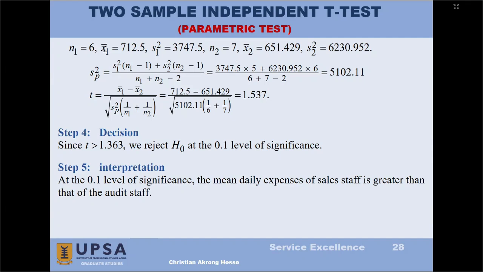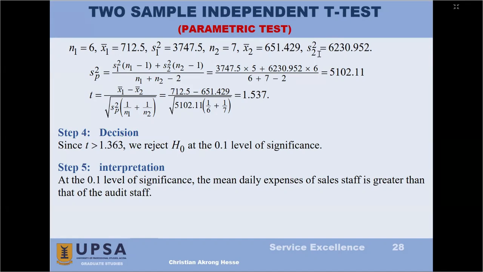The mean for group 1, that's the sales staff, their mean travel expenses per person is 712.5 Ghana cedis, with a variance of 3747.5. Then the sample size for the audit staff is 7, with a mean of 651.429. These are all given in the question.